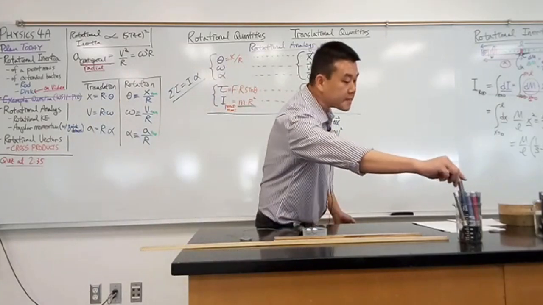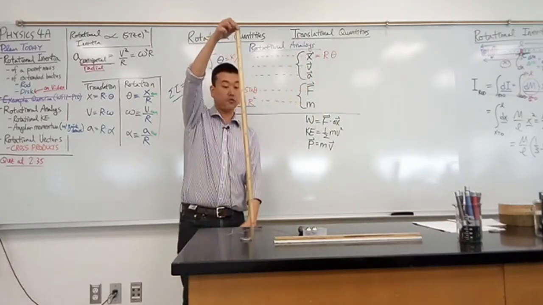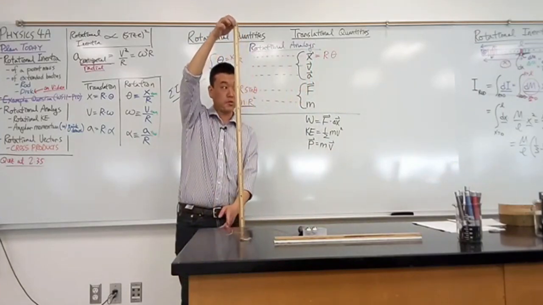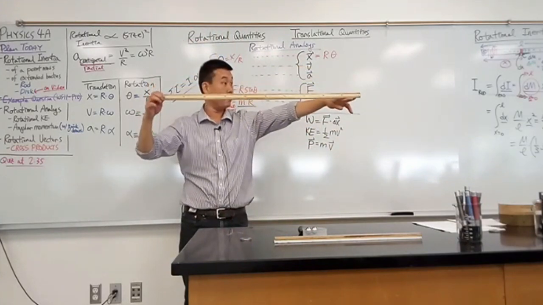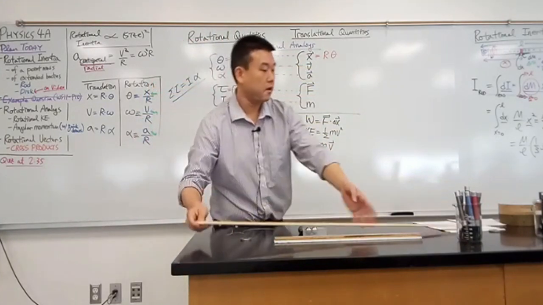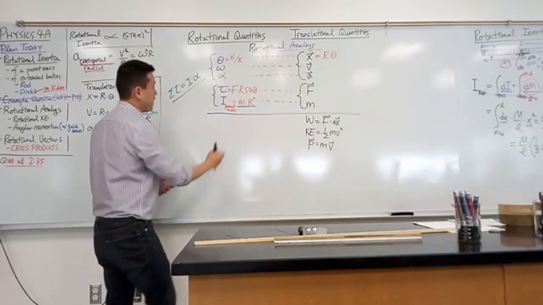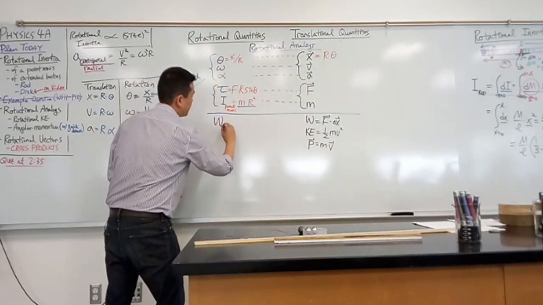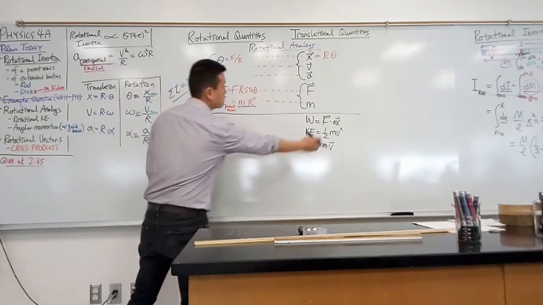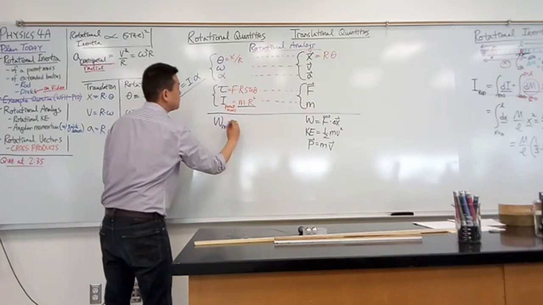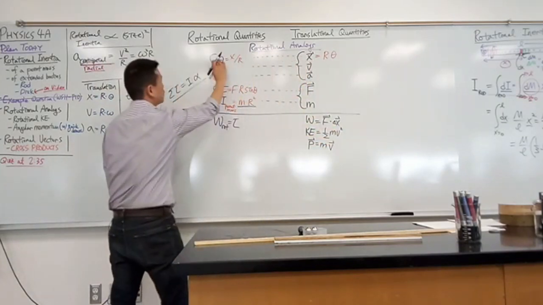So for example, let's say I want you to figure out how much work I am doing as I try to rotate this from this vertical position up to this position. Then looking at this expression here, I would guess, all right, work I'm doing as I cause some rotational motion to happen, I'd say, force, so torque. Torque times displacement, so change in angle.